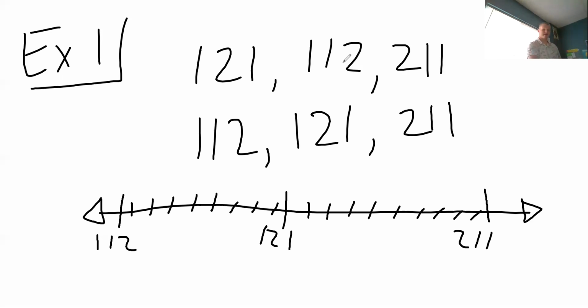So what I see here, 112 and 121, those are going to be closer together, right? 121 is closer to 112 than it is to 211. So I'm going to move that 121 a little bit closer down here to the 112, because 211 is a lot bigger than all those. So we got 112 as our smallest number, 121 about there, and then 211 at the far end. But good job plotting those points from least to greatest.